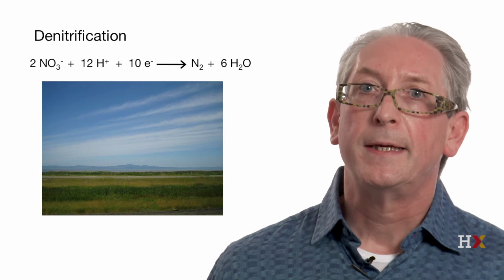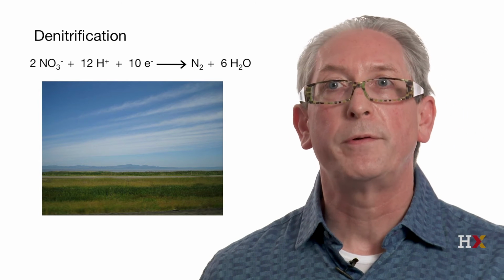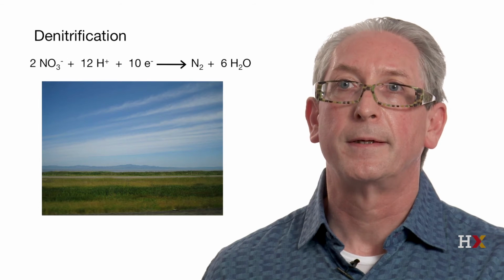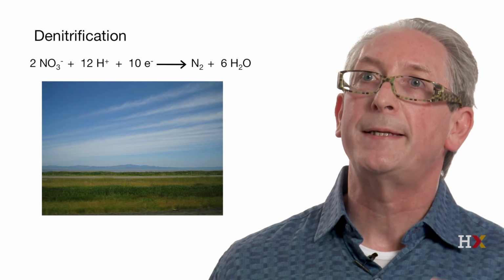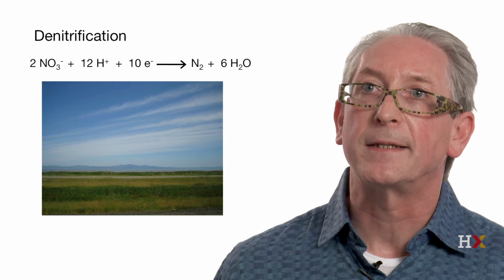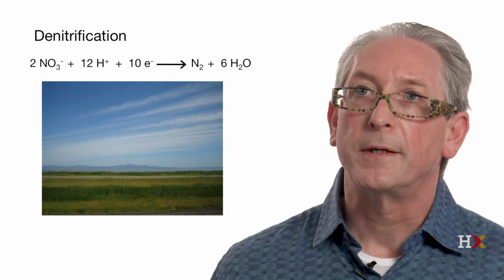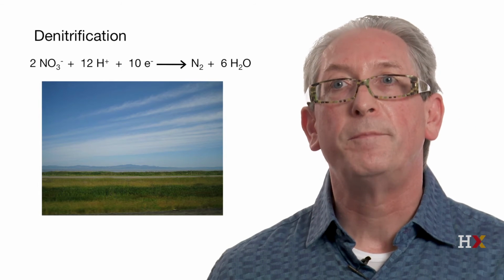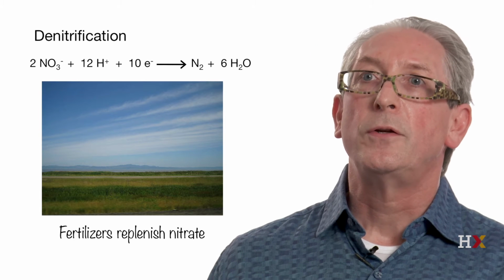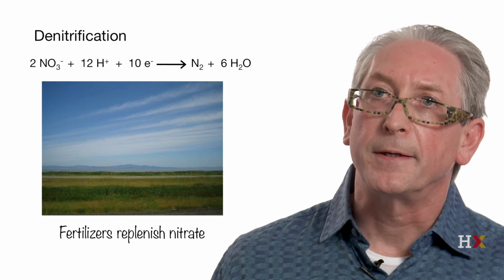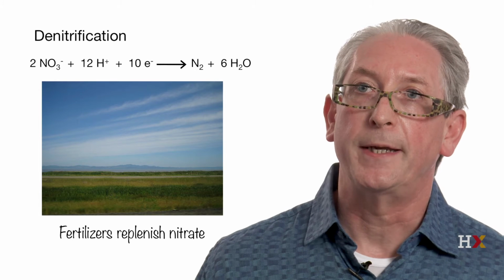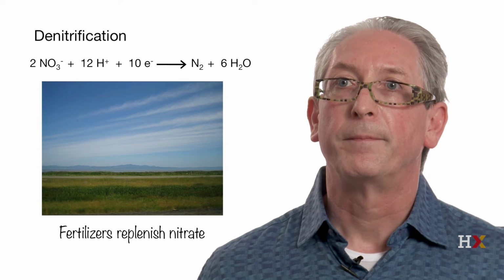And nitrate is a critical nutrient for the growth of plants. So if farmers want to maintain a high yield of crop production, they need to spend a lot of money to buy fertilizer that will bring back nitrogen to their field.